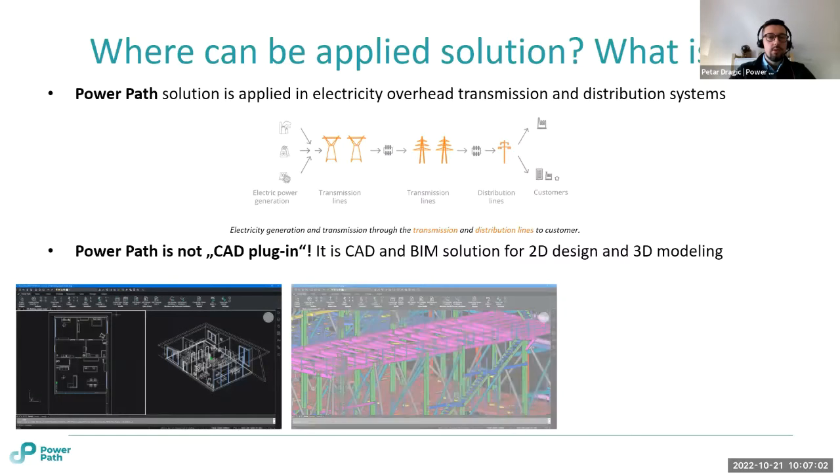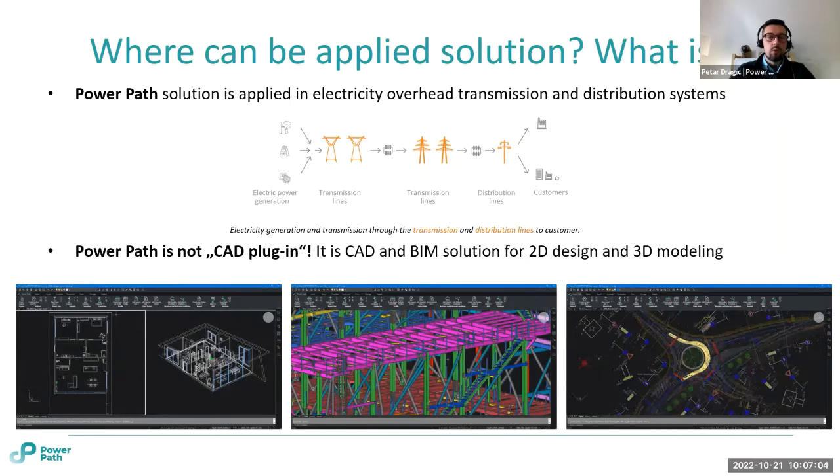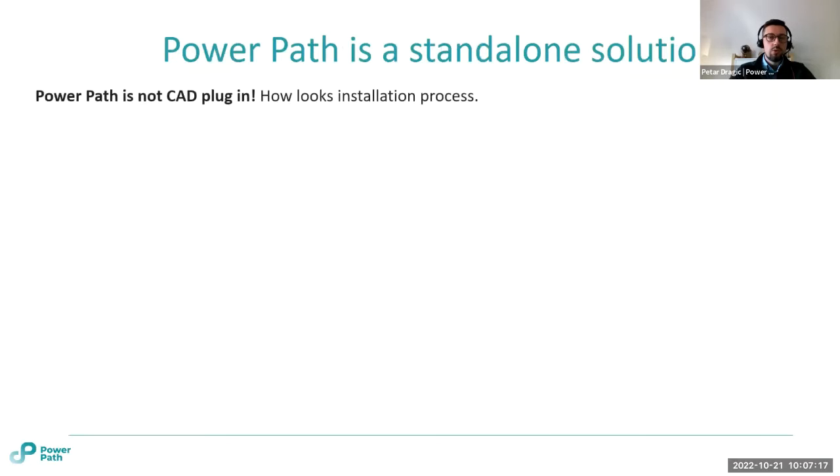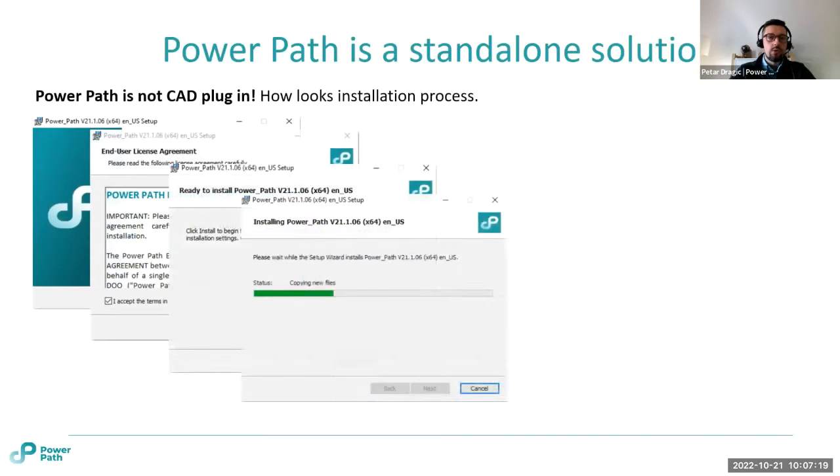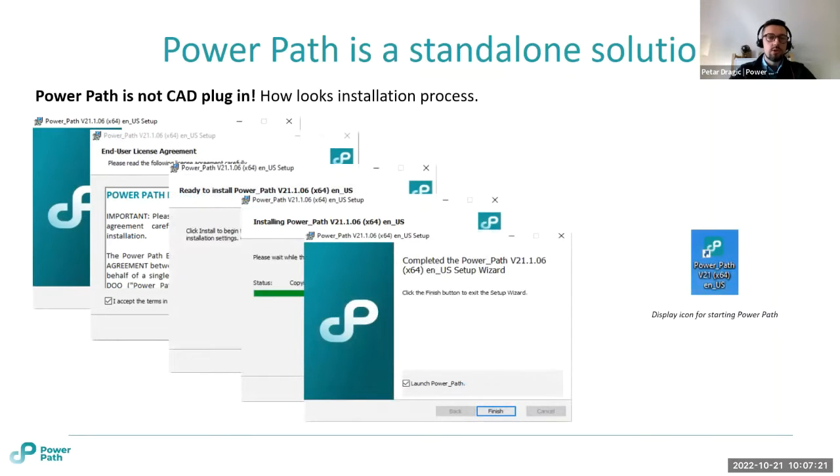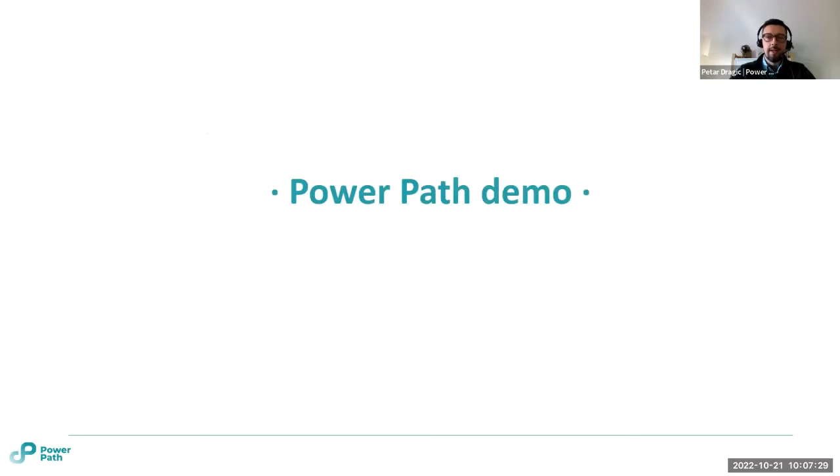Another of the most asked questions is, is PowerPath a plugin? No, it is not a plugin. It is a standalone solution that supports 2D design and 3D BIM modeling. As a standalone solution, it is not complicated to install. You can see a few screenshots of how to install the software like any other CAD or BIM solution.